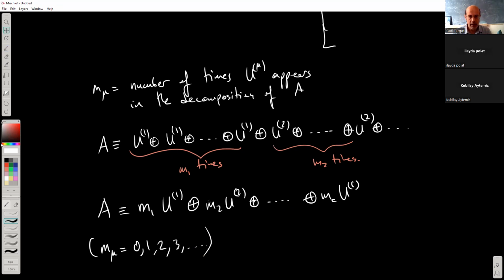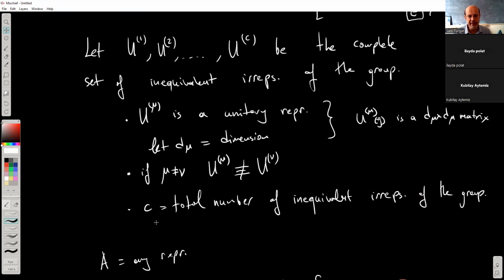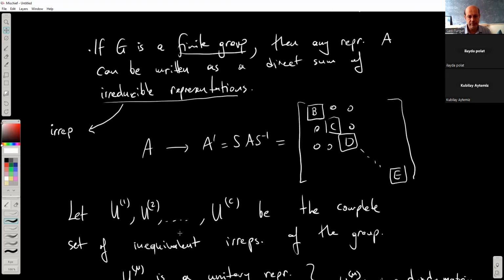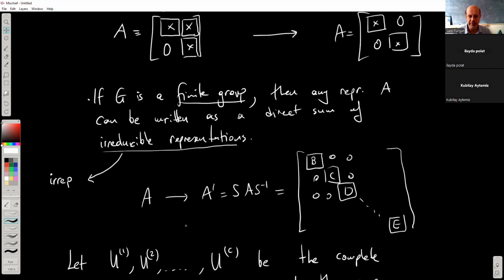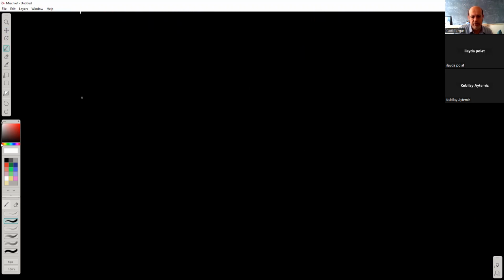Do I have to say anything else in here? So the idea is this. When we want to solve a problem, for example, I would like to compute the energy levels of the methane molecule. Methane is a very nice molecule, CH4.